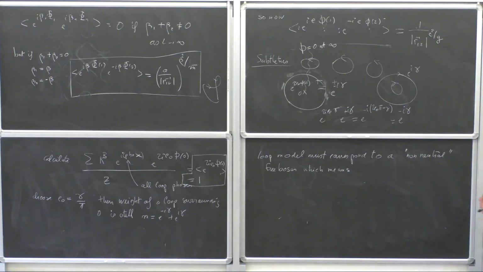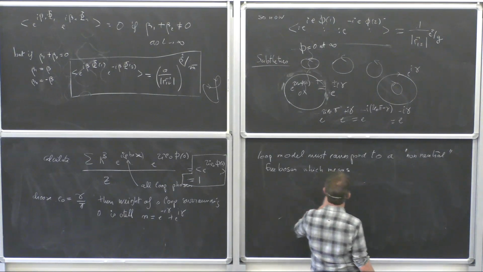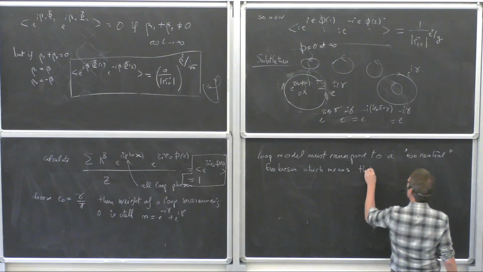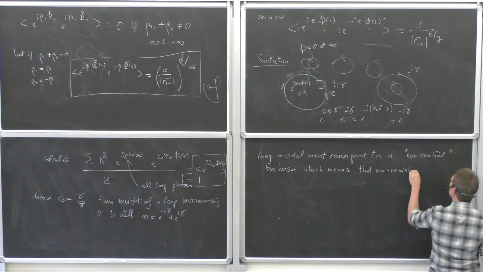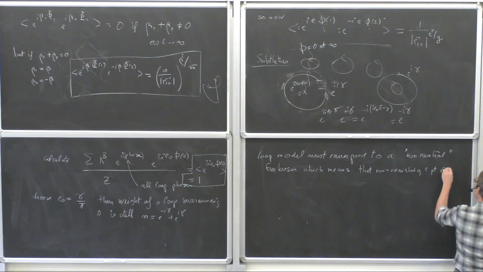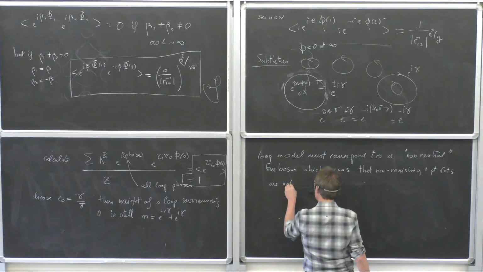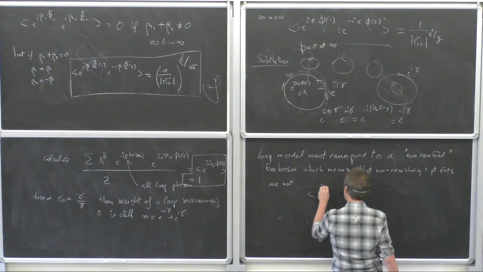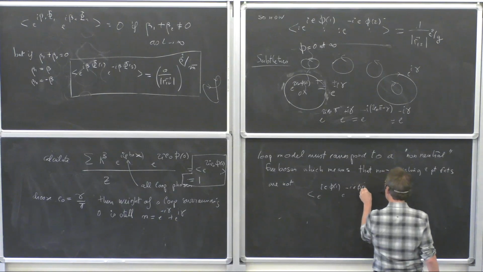that really to calculate critical exponents, we cannot exactly do what we've done so far, which means that non-vanishing two-point functions are not the average of e to the I e phi of 1 e to the minus I e phi of 2.